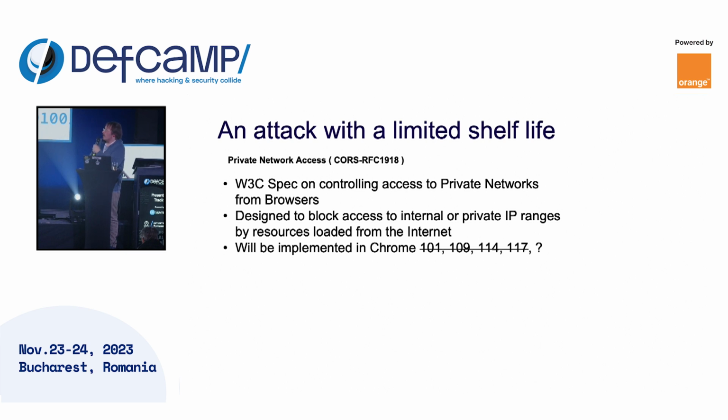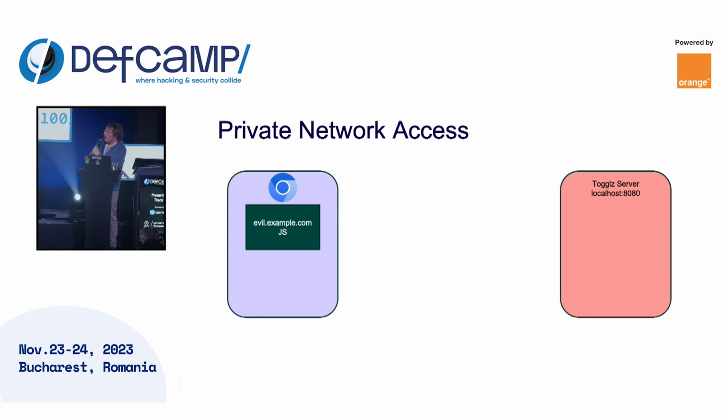But to give you an idea, the actual fix is called private network access. If we take a look, if you had a simple request and you're going from what's classed as a less secure network to a more secure network, which would be the internet to localhost, or the internet to an internal network, or the internal network to localhost, you would have to make a pre-flight request.